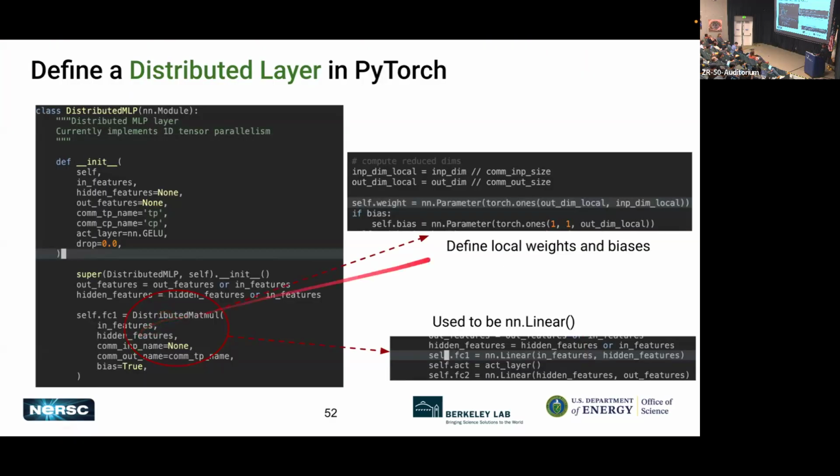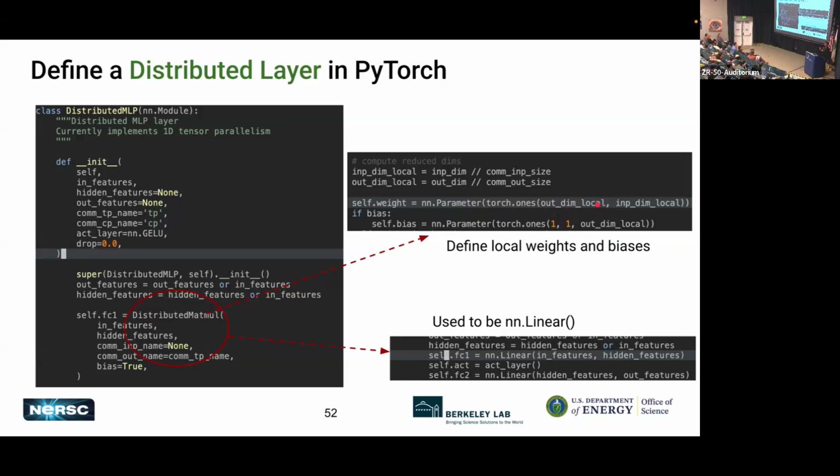What that distributed matmul will do is implement the tensor parallel matrix multiply from scratch. It's fairly straightforward. When you define your weights and bias, which is the weight matrix, I didn't talk about the bias, but it's dealt with the same way. You just add another vector to it. You would define your learnable parameters as a local matrix.